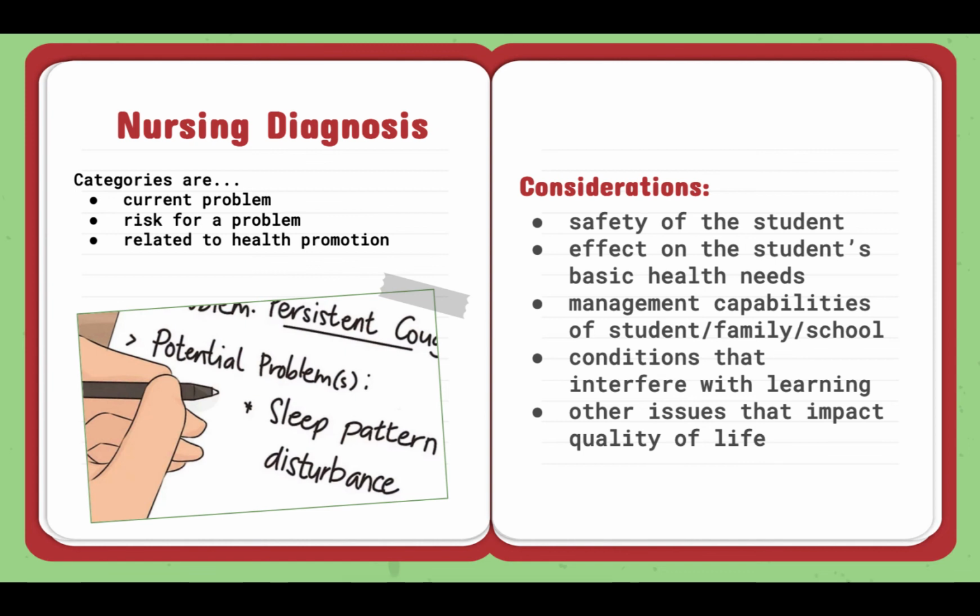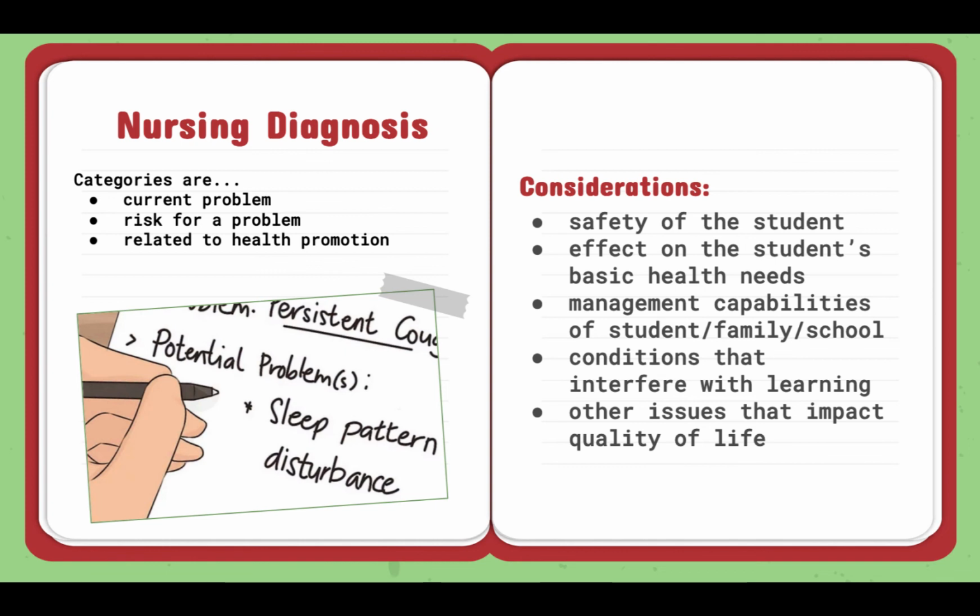All right, so when we talk about nursing diagnosis, this is determined after the school nurse critically analyzes the assessment data, and they do the critical analysis in collaboration with the student and the family. The nursing diagnosis provides a basis for determining what the focus of care should be for the student. It should be a student-centered focus of care, right?